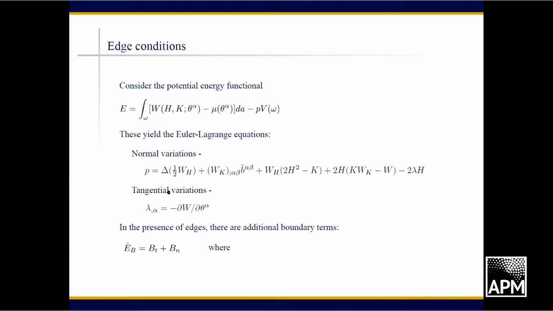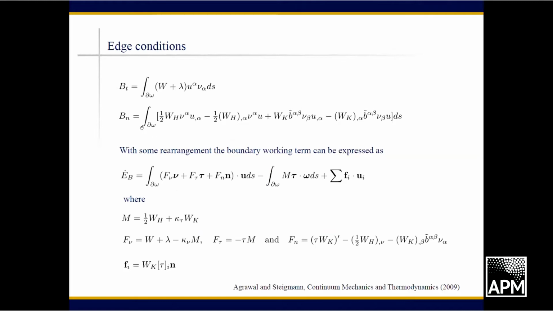When they are satisfied in the body, in the interior of a patch of the surface, then there is a residual virtual power expression associated with boundary working, and that can be used to generate, of course, boundary conditions in the usual manner. And that breaks up into two parts, say a tangential boundary working of this form and a boundary working in the normal direction, normal to the interface.